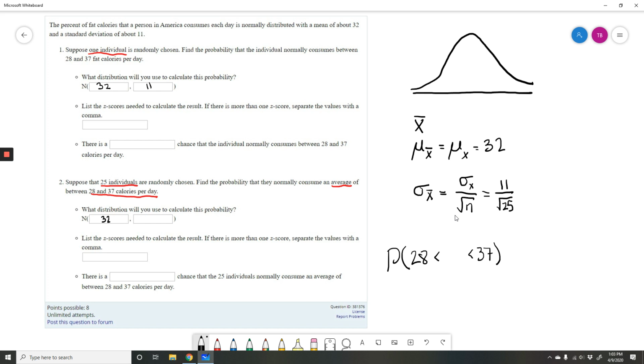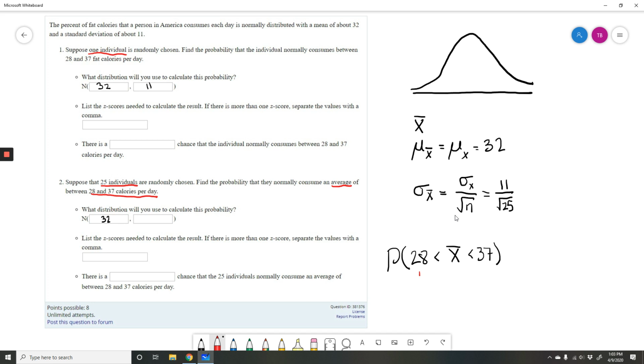But now we're not looking to see if one individual chosen consumes between that much, but if the average of the 25 people chosen is between those numbers. Okay, so again, we'll need z-scores for each one of these.